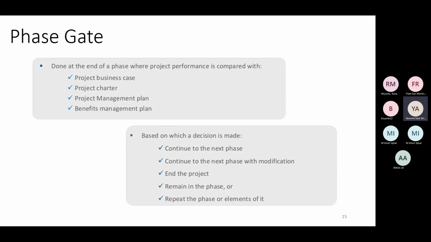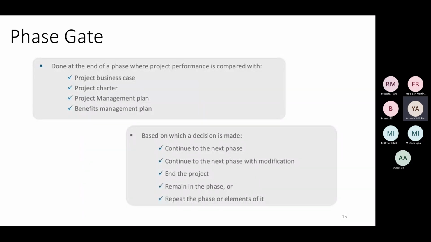So at the feasibility stage itself, you realize that this cannot be materialized, maybe because of certain reasons. Then you may decide not to continue ahead with it. Right? So this decision is taken based on the phase gate.